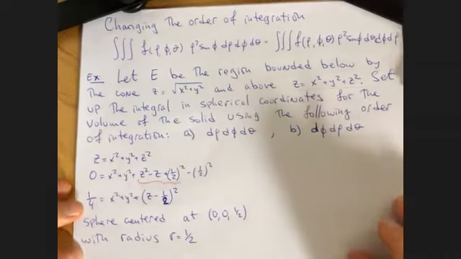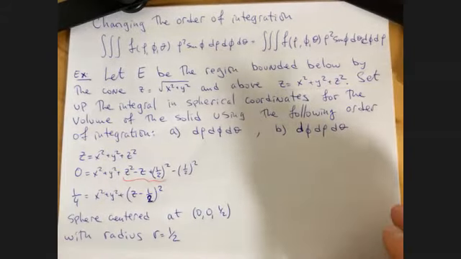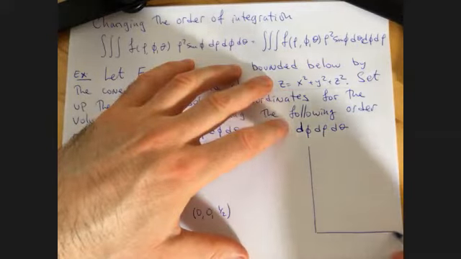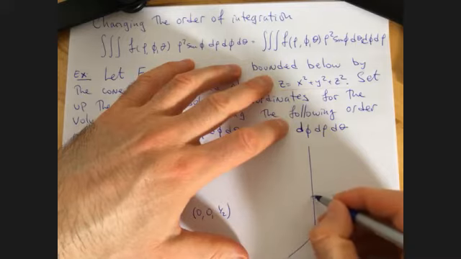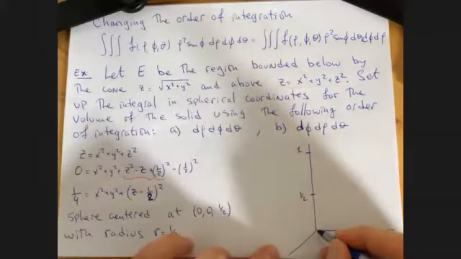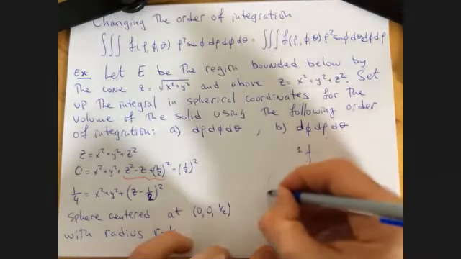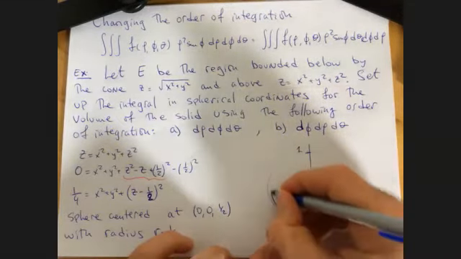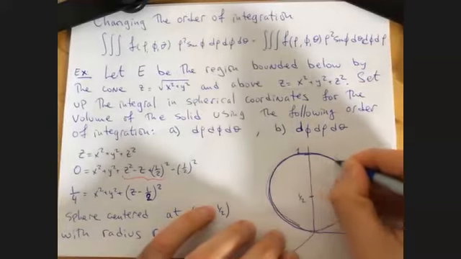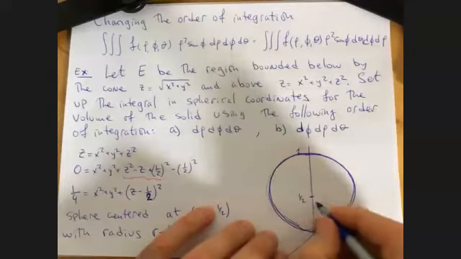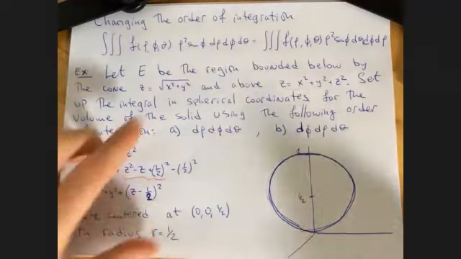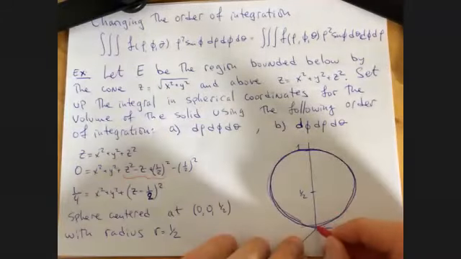Okay. So this is the center of the sphere. And then this is just a regular cone, right?